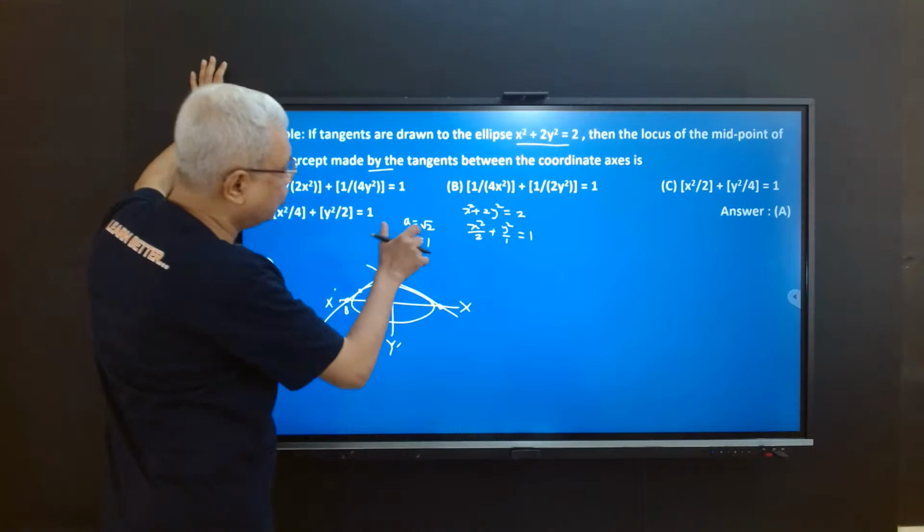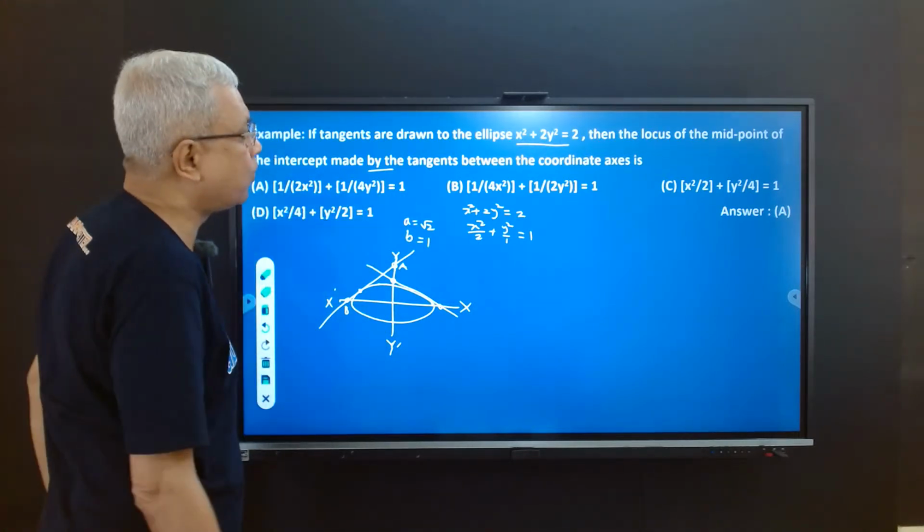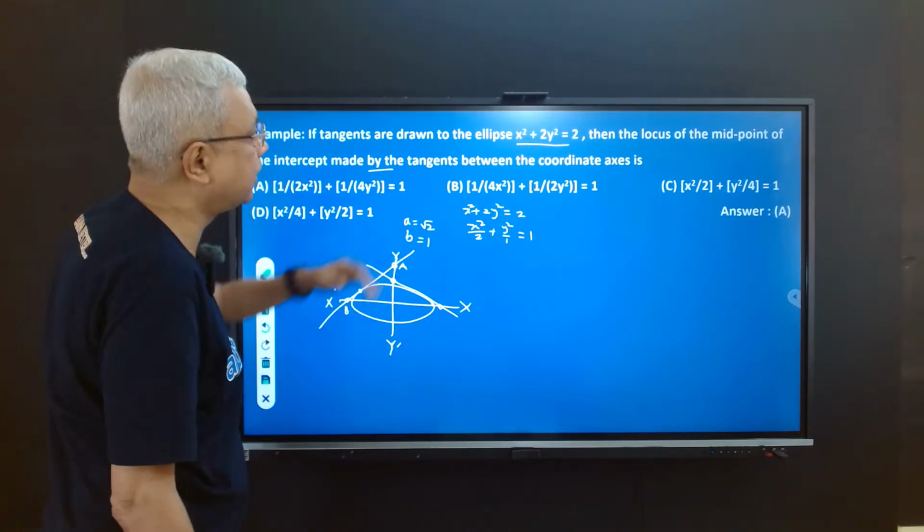Now, to solve this problem, let us use the parametric coordinates of points on the ellipse.